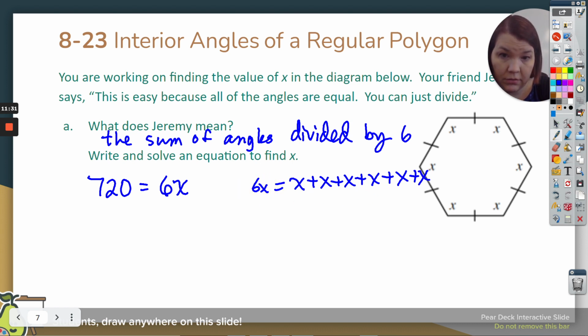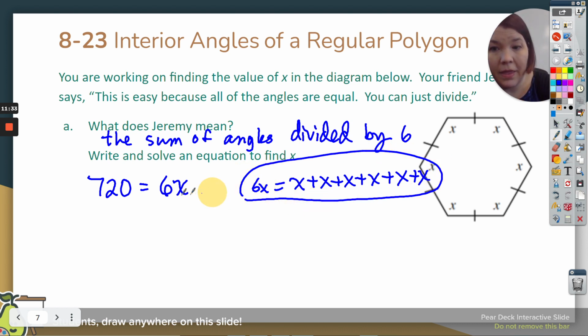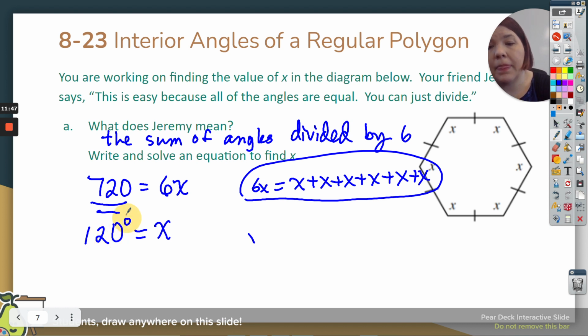This is the sum from our table earlier. And so x equals 720 divided by 6, which is 120. X is 120 degrees. Yeah, that's right. Questions? Let's continue.